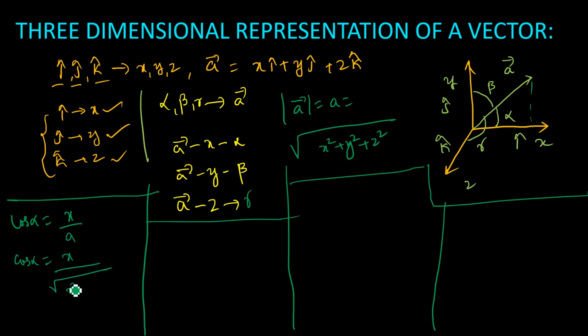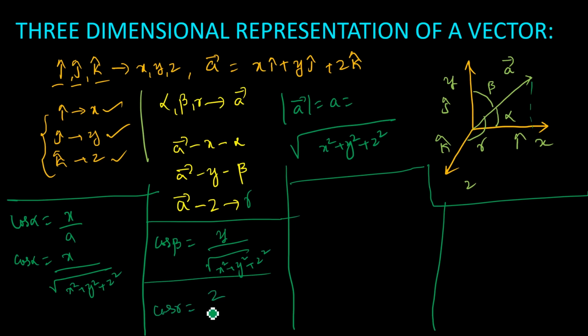Then cos beta equals y by root over x square plus y square plus z square. Then cos gamma equals z by root over x square plus y square plus z square.